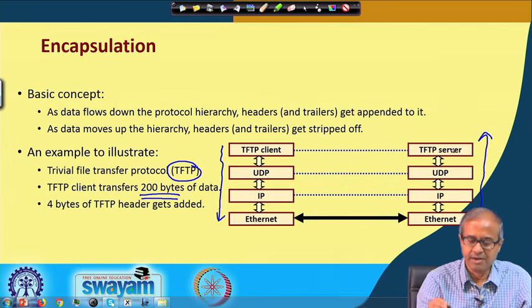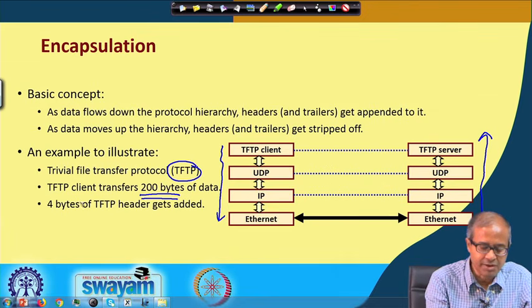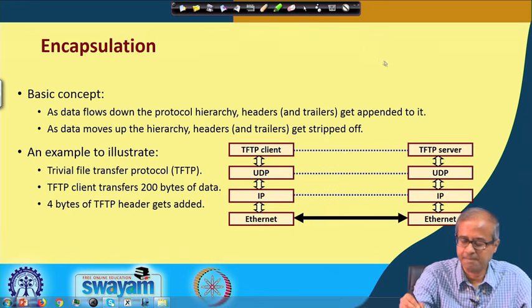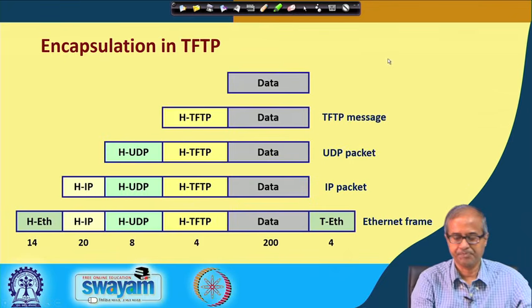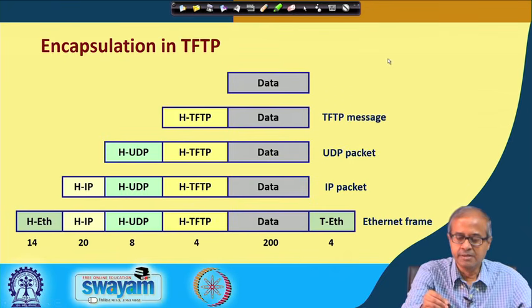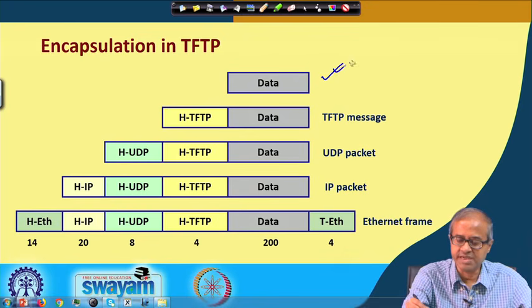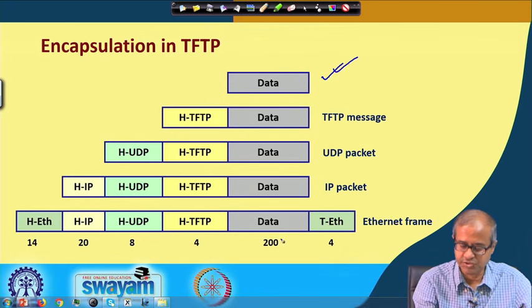Now, for the TFTP protocol, the header is 4 bytes, that is defined. So, with this assumption, let us see. This is the data which you want to send. This is 200 bytes.